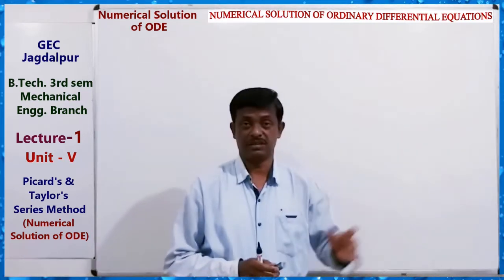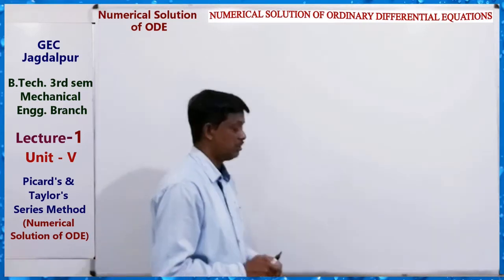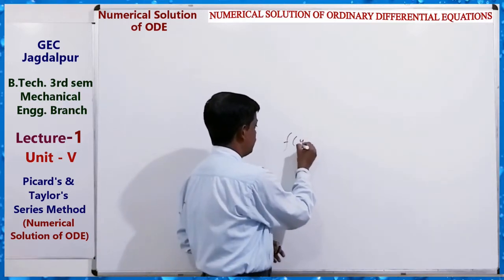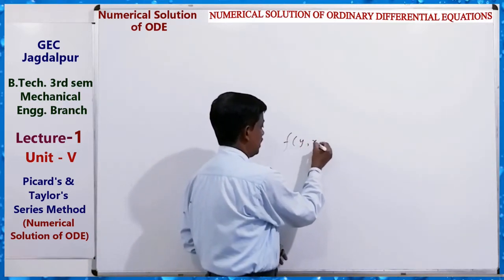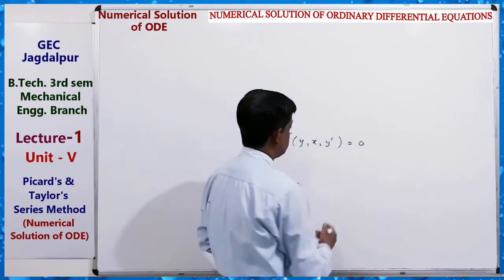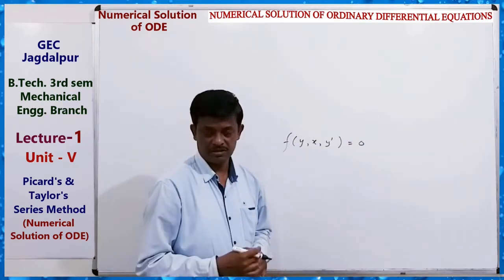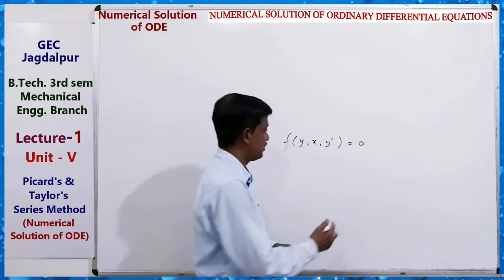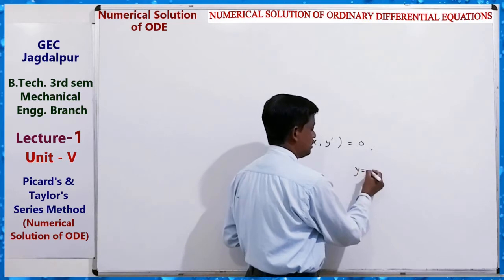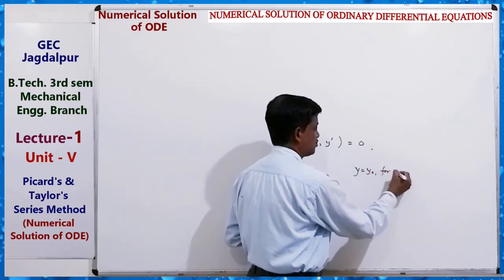If there is a single condition, suppose we have a differential equation just like this: f(x, y, y') equals 0. That means x, y and y dash, a first order differential equation, and having a single condition, that means y equals to something, suppose y0, for x equals to x0.